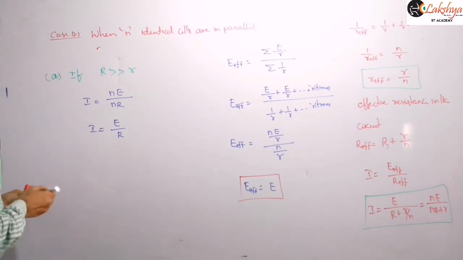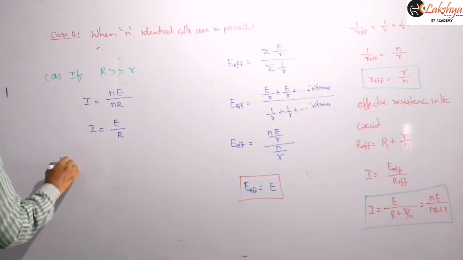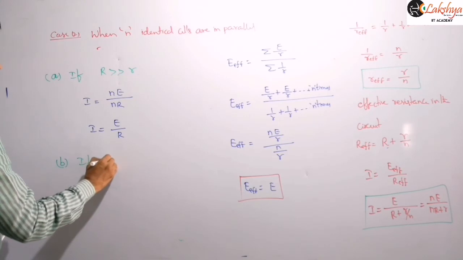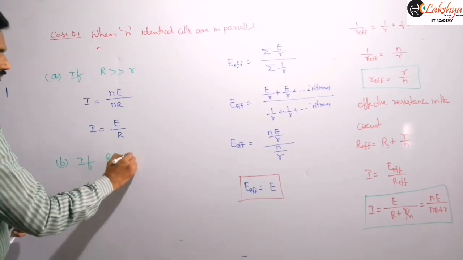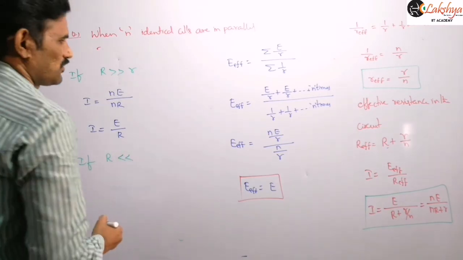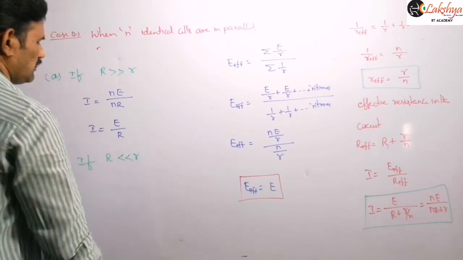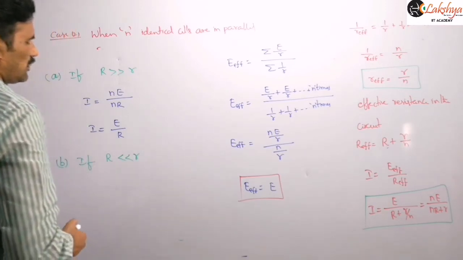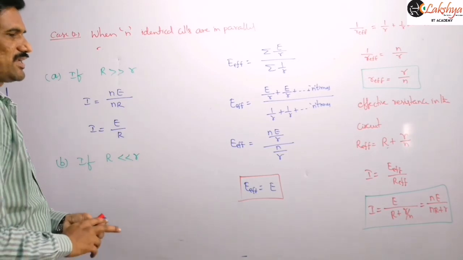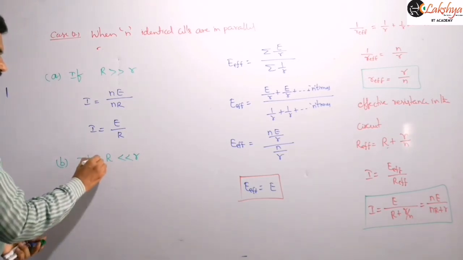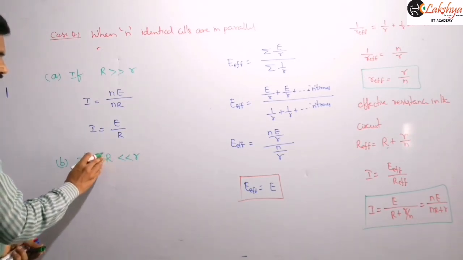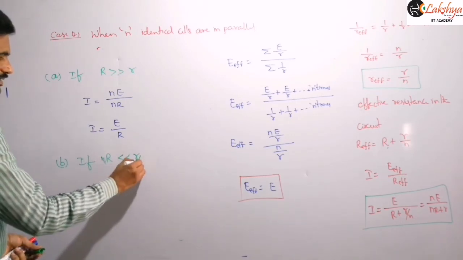And next, suppose I am taking the case if R is very small when compared to r. That means when external resistance is very small when compared to r by n.